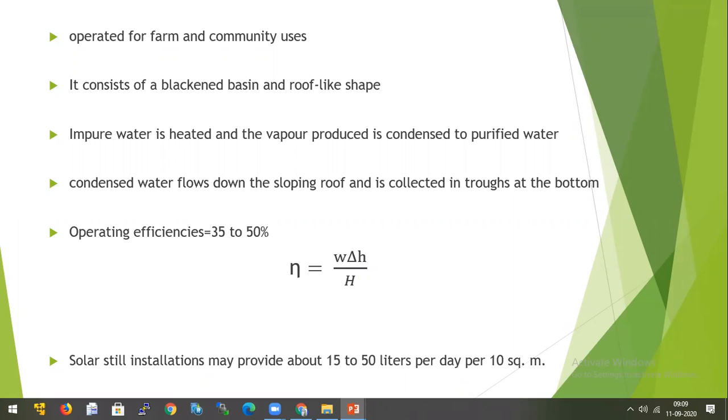So how is the intensity of solar radiation on the day? It varies with that intensity, and also with atmospheric conditions in the surroundings, like wind and humidity.